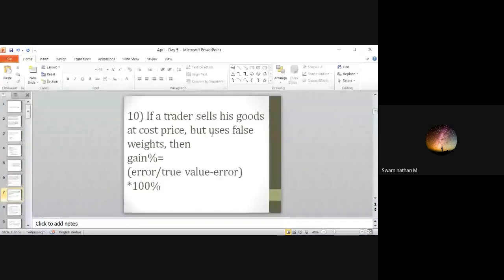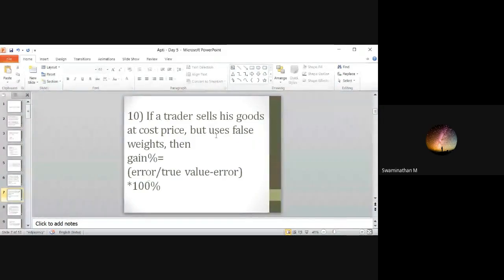If a trader sells his goods at cost price but uses false weights, that is, he didn't change the price but he's using false weights. For example, instead of 1 kg, he may be giving 900 grams with the same cost price.